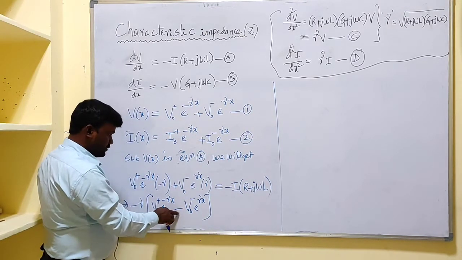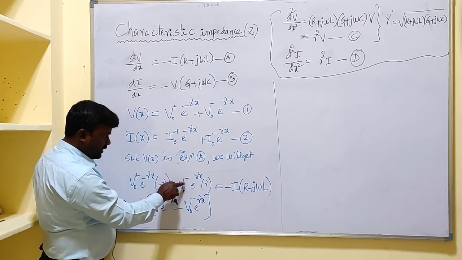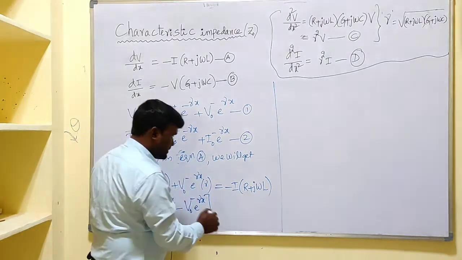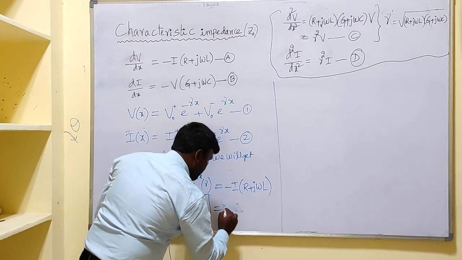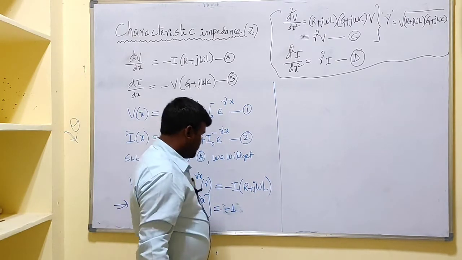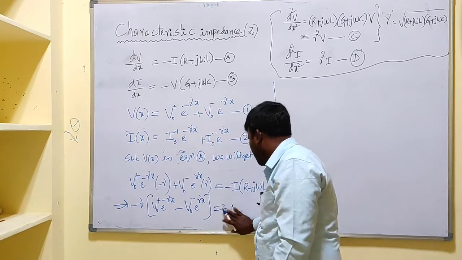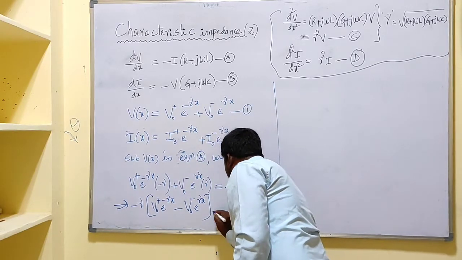So minus into minus plus gamma into V naught minus e to the power gamma x on the left-hand side. On the right-hand side we can write this as minus I into, or else I will write that entire term. What is I?